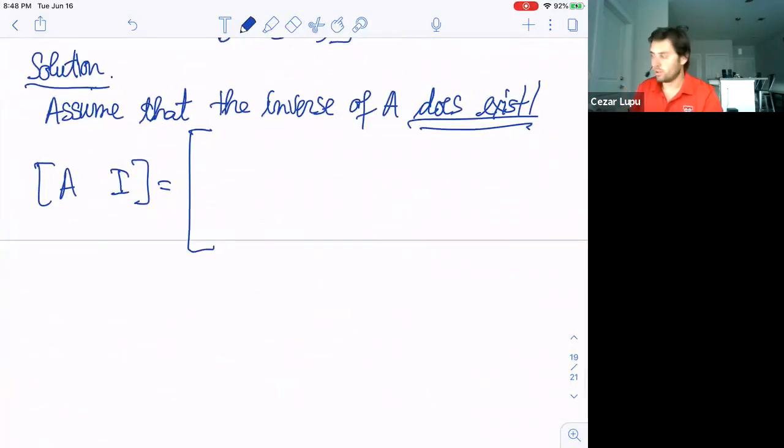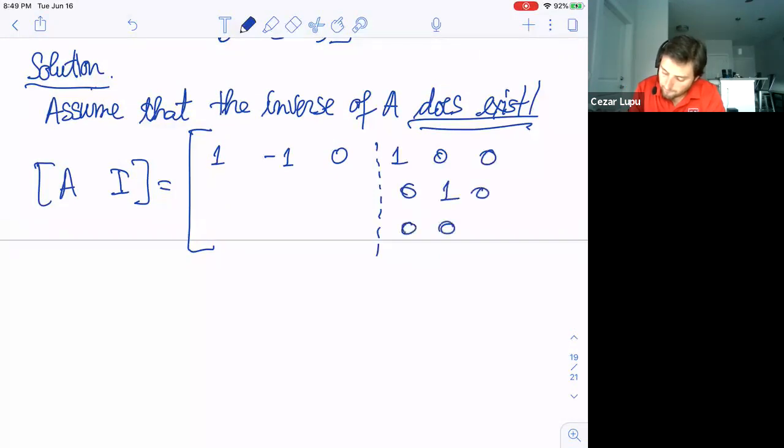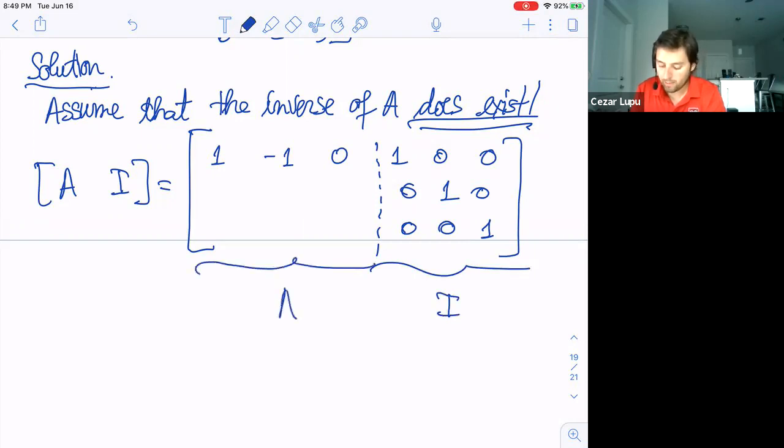Okay, let's do it. Once we write this, let's write the matrix A. So it will be 1, -1, 0, right? And let me put it like this so that it's clear. This is the part where the identity is, and this is the part where the matrix A is. So that's what we call AI.